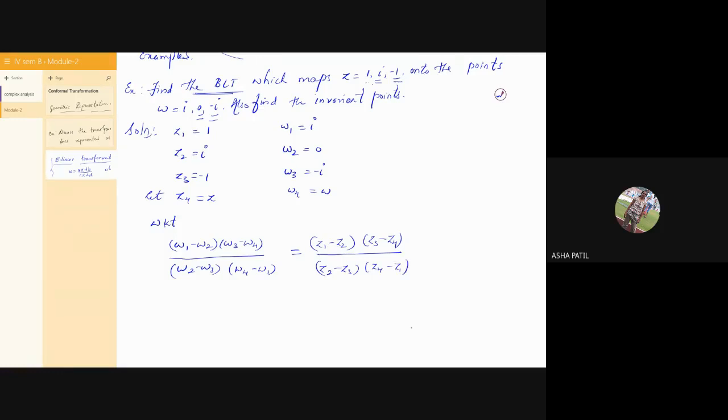Now we just need to substitute the points and then find a relationship between W and Z in the given form only. Let us substitute the points.